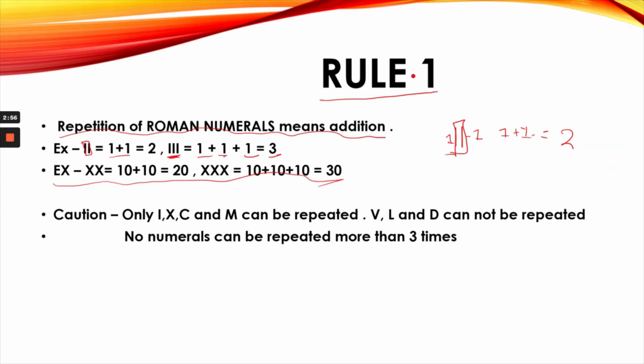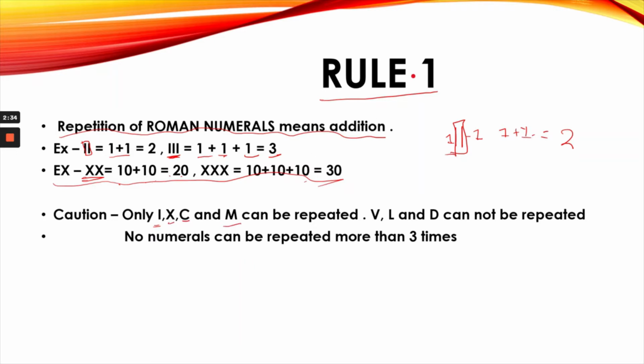I have told you that X means 10. So 2 X means 10 plus 10 equals 20, and 3 X means 10 plus 10 plus 10 equals 30. So you can learn it very easily. There's a caution also: only I, X, C and M can be repeated.